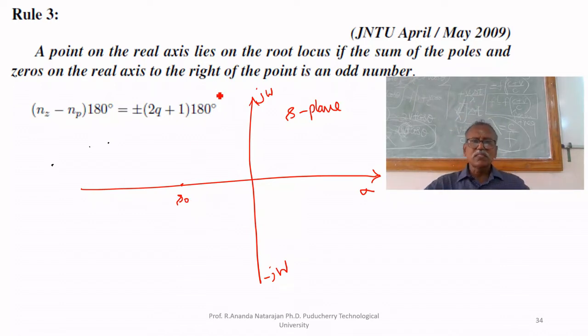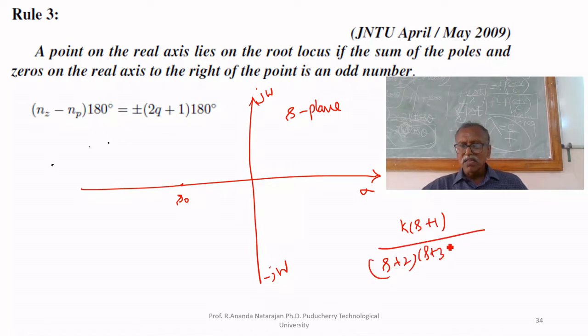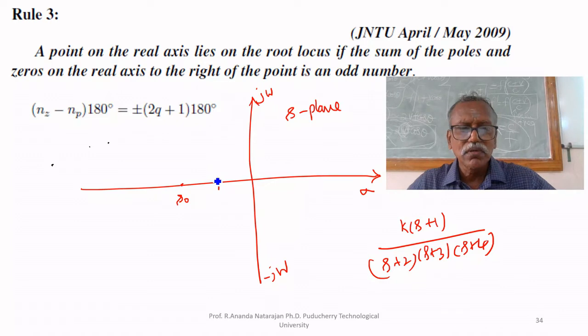A point is on the root locus if the sum of poles and zeros on the real axis to the right of the point is an odd number. We will take the same example: s plus 1 upon s plus 2, s plus 3, s plus 4. This is 0.